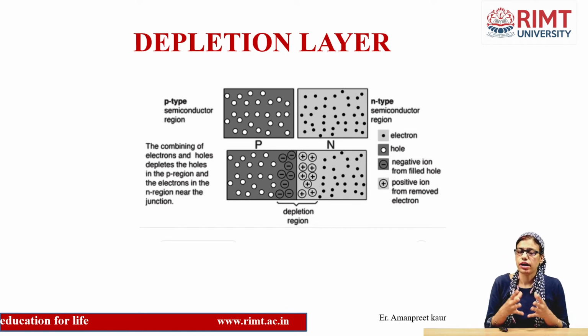Because of this recombination, electrons and holes are depleted near the junction. So, they produce a depletion region.